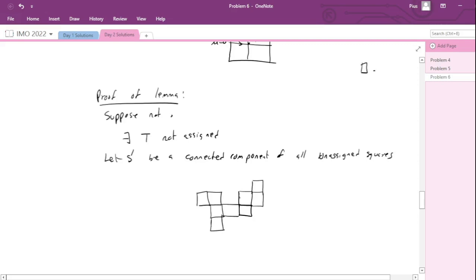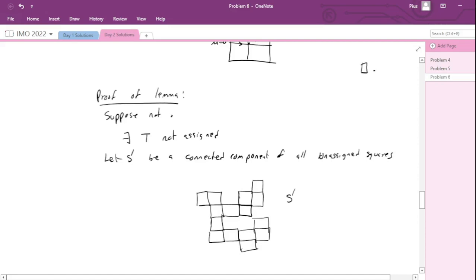So we got something like this. So this is going to be S prime, where we cannot increase it any further.